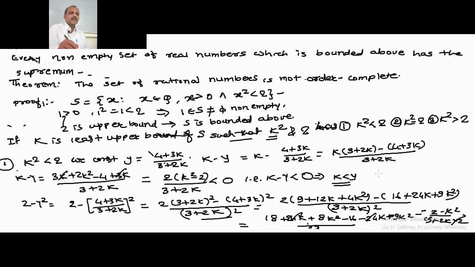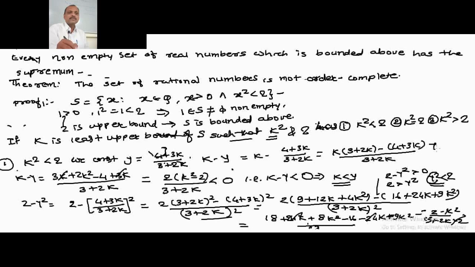What we get then is that 2 minus y square is greater than 0, so 2 is greater than y square, which means y square is less than 2. This implies that the number we have chosen here, (4 plus 3k) divided by (3 plus 2k), is a rational number whose square is less than 2. So obviously y is a member of S.